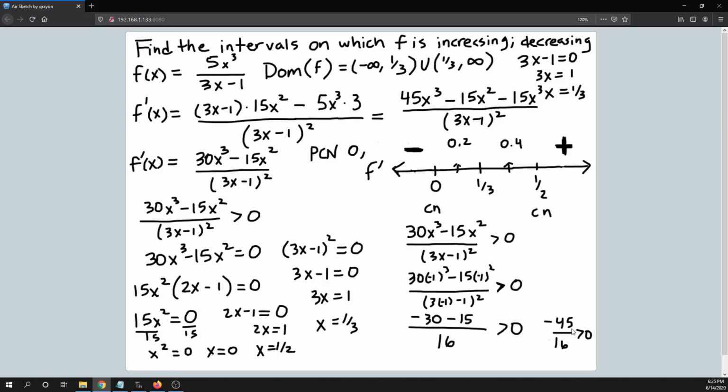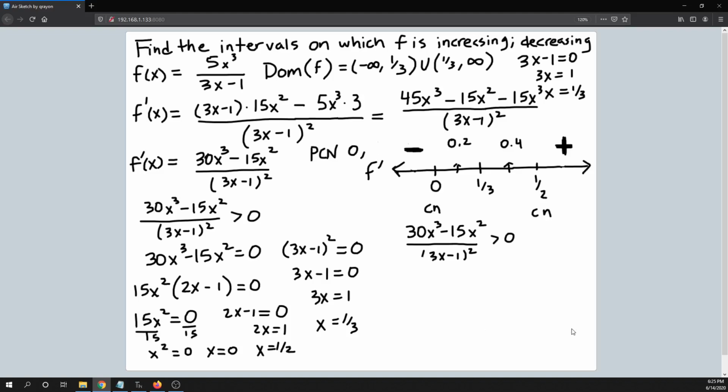So what I'm going to do, instead of plugging it into the original completely, is just put a plus here, and that will make me realize, hey, the bottom part comes out to be a plus no matter what.